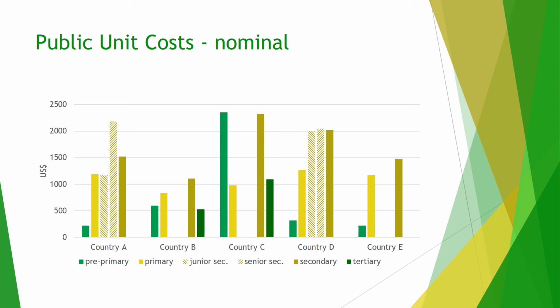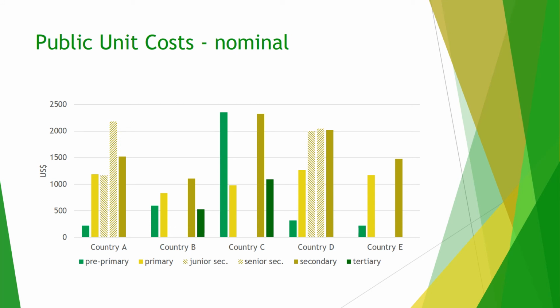You can see that in country C, however, pre-primary is much more costly than country A. It costs approximately $2,400 per year to educate one child in pre-primary, which is the equivalent of the cost of secondary education, while primary education in country C still costs around 1,000 American dollars per year. Okay? So you can see a lot of variations.